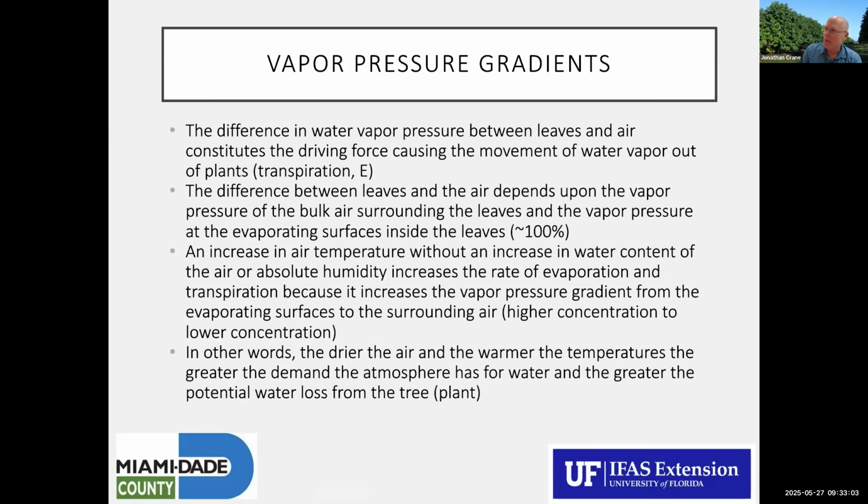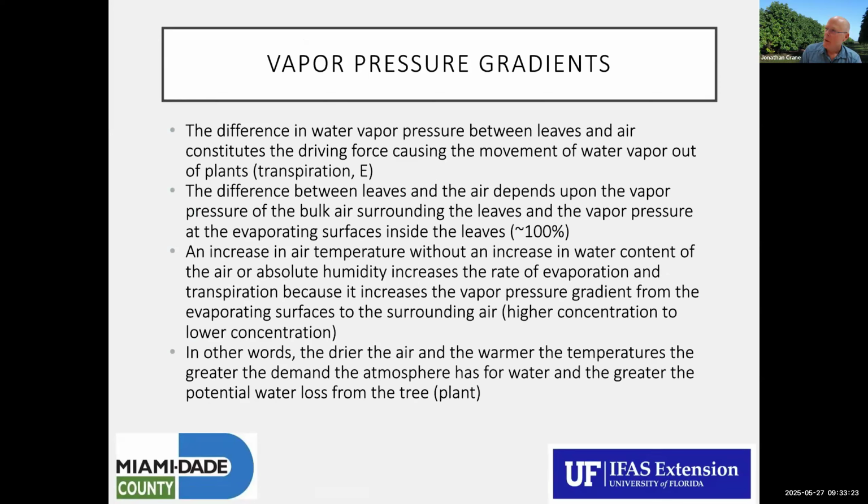So a little bit about vapor pressure, and I don't want to spend too much time on it, but the vapor pressure is the driving force for the loss of water through plants by transpiration, right?